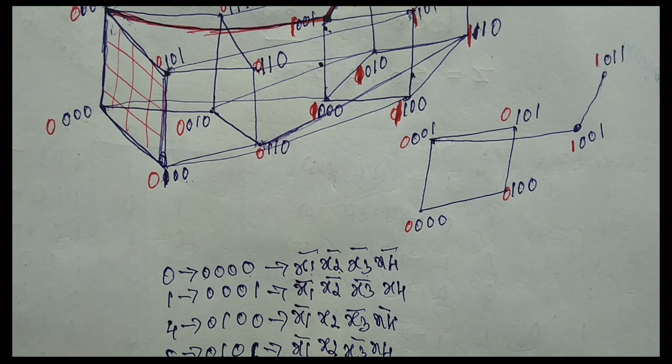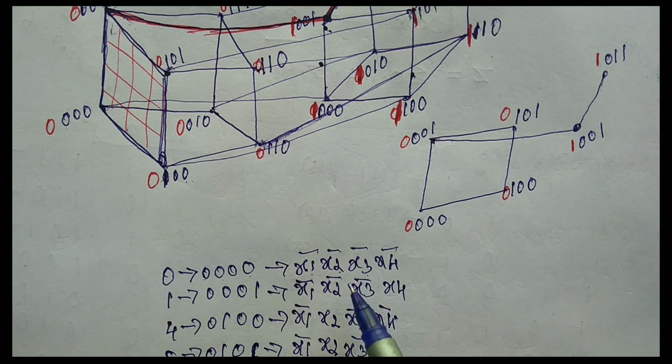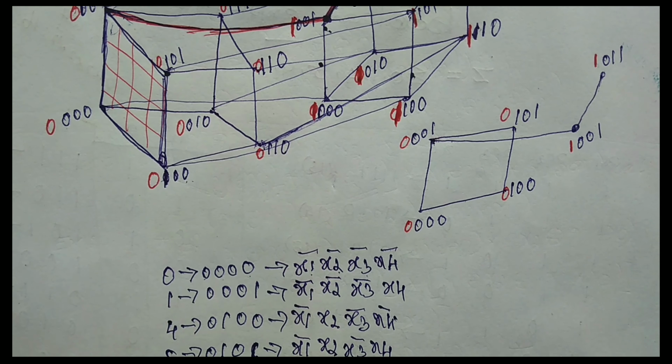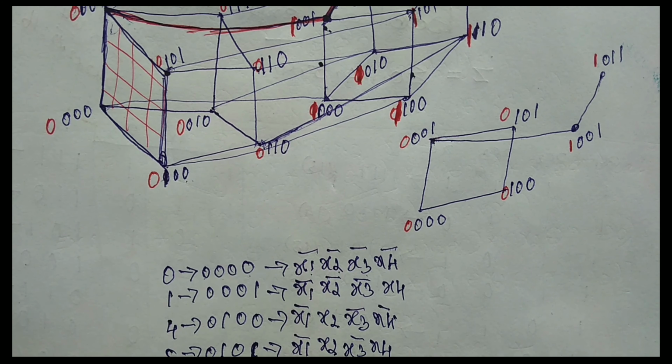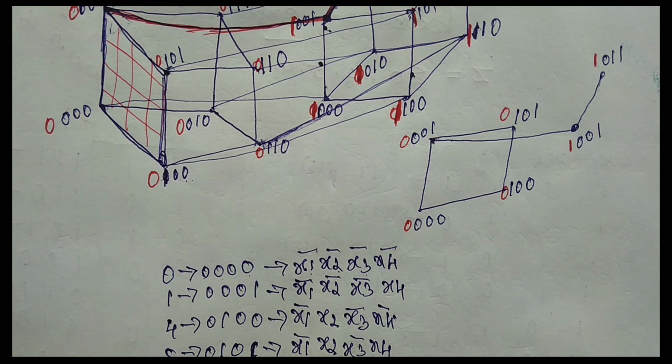Therefore, the given expression is equal to what? Sum of this one, because summation. So, we use sum, that is x1 bar, x2 bar, x3 bar, x4 bar, plus x1 bar, x2 bar, x3 bar, x4, plus x1 bar, x2 and x3 bar, x4 bar, plus x1 bar, x2, x3 bar.